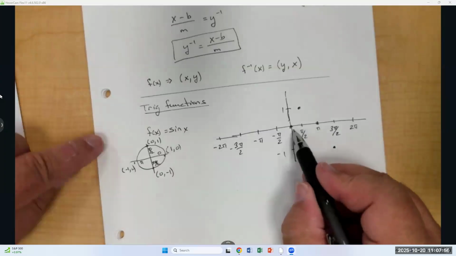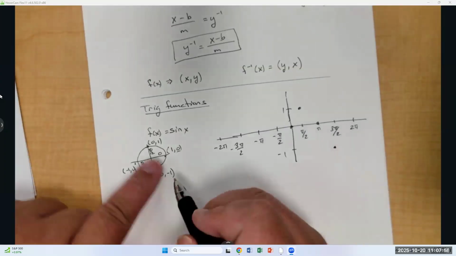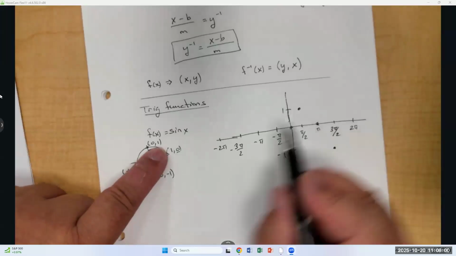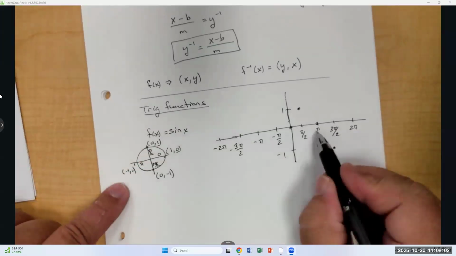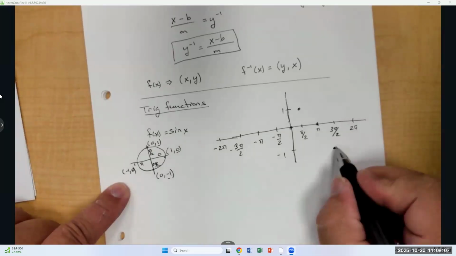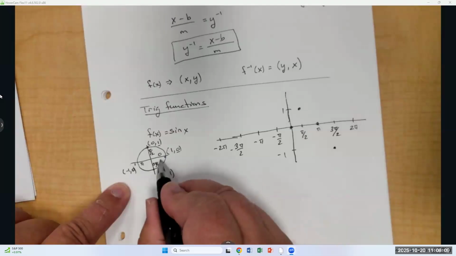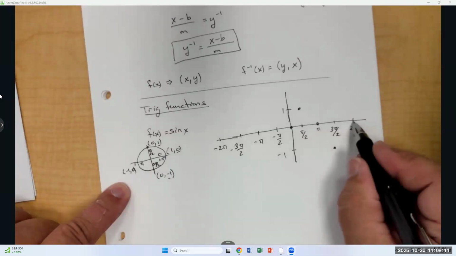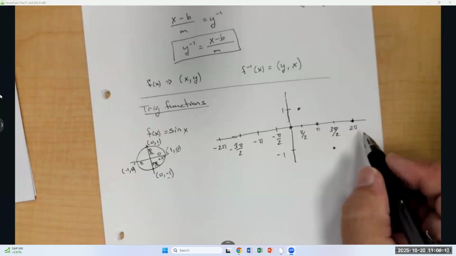So at 0, sine is 0. At pi over 2, sine is 1. At pi, sine is 0. At 3 pi over 2, it's -1. And then all the way around to 2 pi, it's back to 0.